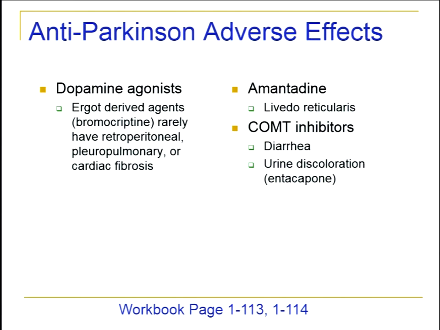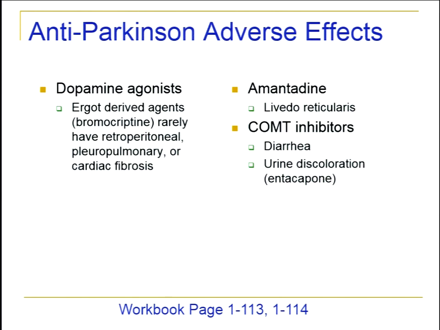So other things that we need to think about is special adverse effects with the different agents. The dopamine agonist, generally well tolerated. The one that we have that's currently ergot derived, so that's bromocriptine, can have some fibrosis associated with it, and for that reason we really aren't using much bromocriptine at all anymore. Okay, but that is its main thing there.